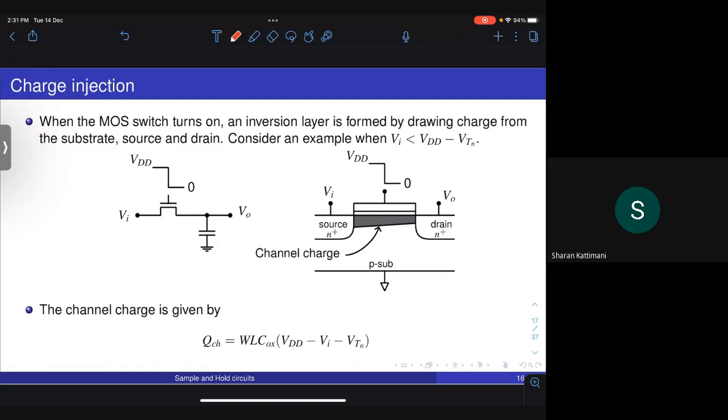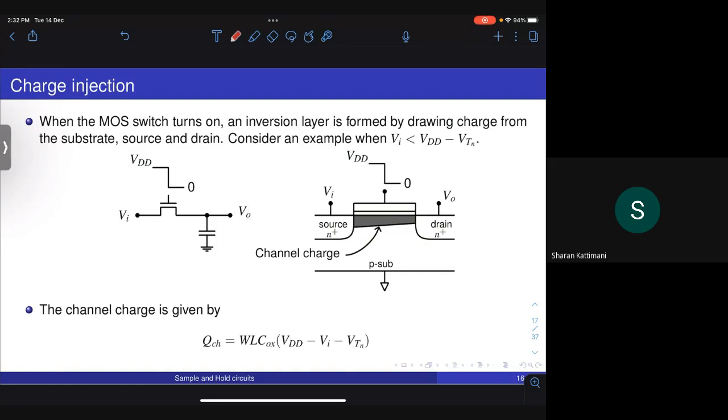When you're using the transistor as a switch, it is always in the linear region, and you have an inversion layer. This inversion layer charge will come from somewhere, right? It is drawn from the substrate or from the drain and the source to form the inversion layer when the switch is turned on. So this is how the picture looks when you use a transistor as a switch in the linear region.